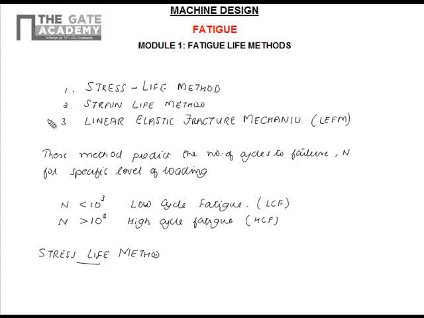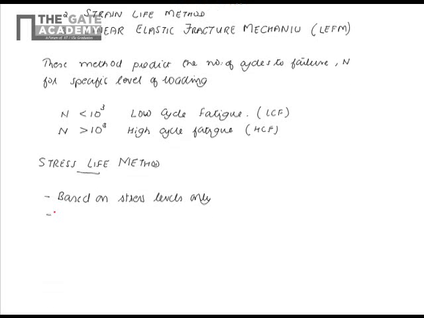Stress life method is based on stress levels only, and this is the least accurate method. Out of the three methods, the stress life method is the least accurate, especially for low cycle fatigue.